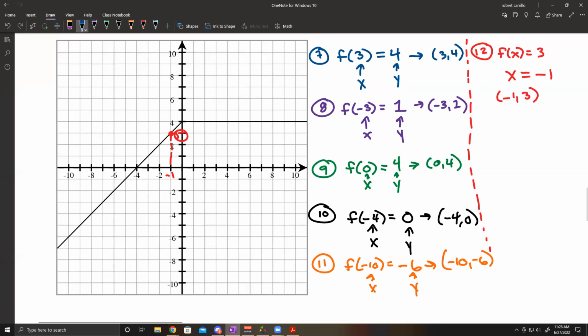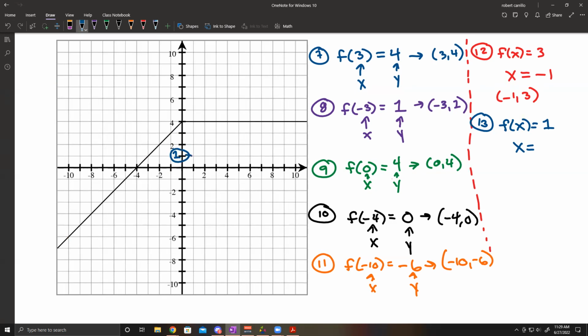All right. Then 13, same thing. When f of x equals 1, what is the value of x? So when f of x is 1, so when y is 1, so there's 1, what is the value of x?